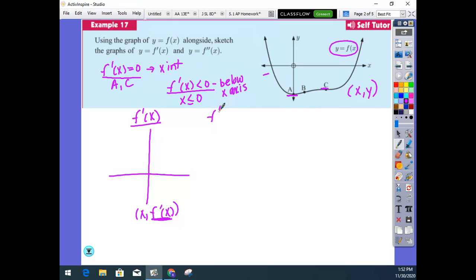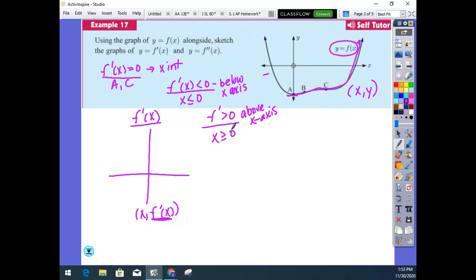Then where is it greater than 0? That's going to correspond to above the x-axis. Notice it's increasing. This whole thing is increasing after A, which is where x is 0.